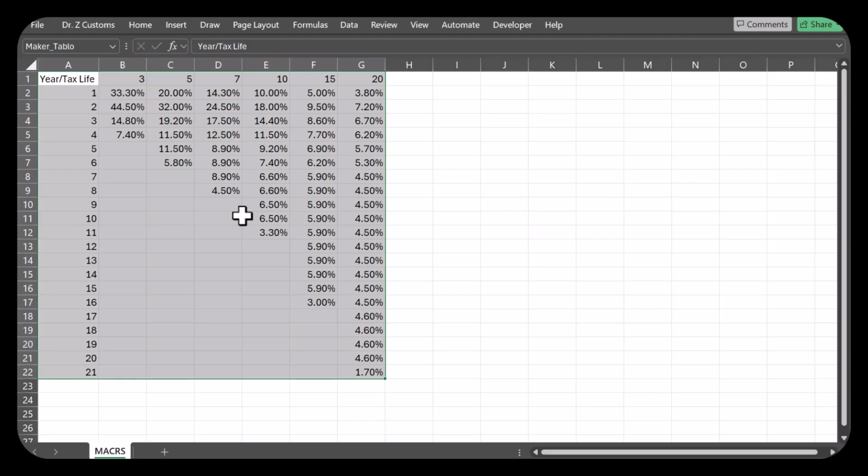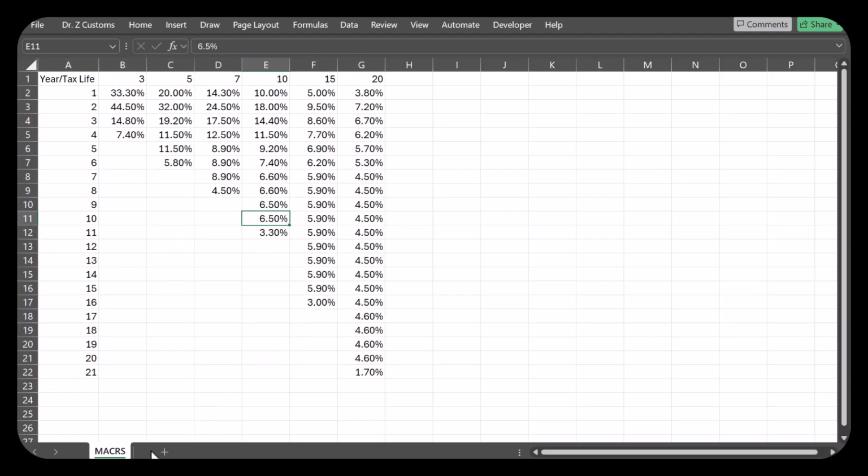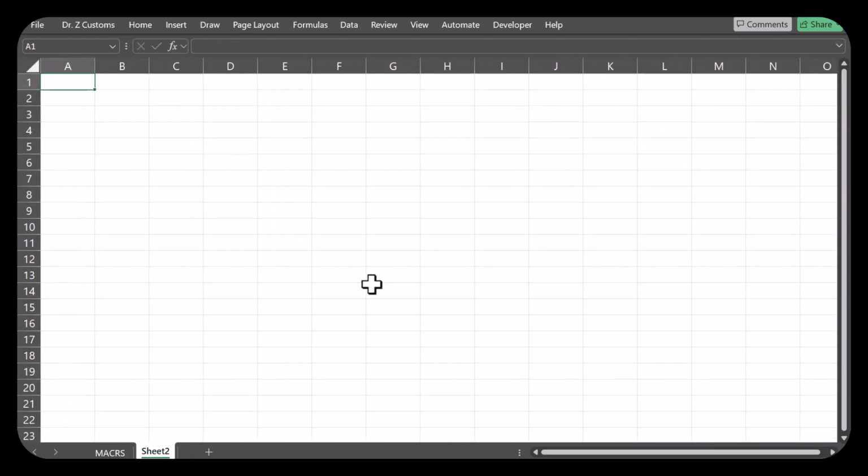Now let's build up our template to make calculations for annual depreciations, given how much we spend, what is the tax life, when are we doing salvaging, what's the tax rate, and is this straight line or makers?